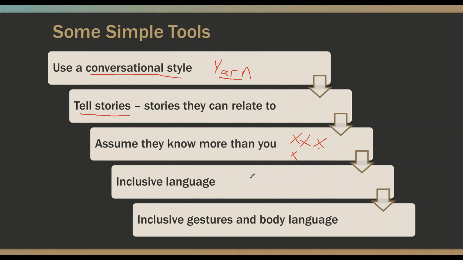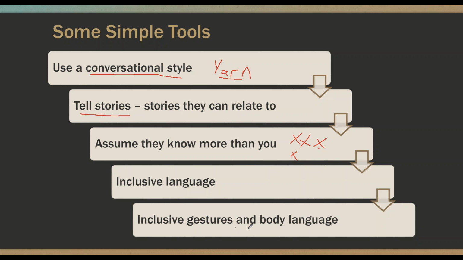Inclusive language, together we, how are you, as opposed to I want you to do this and I did this and I remember when I was a hero and when I succeeded. It's about you. You too can do this. You can make a difference to your client's life.